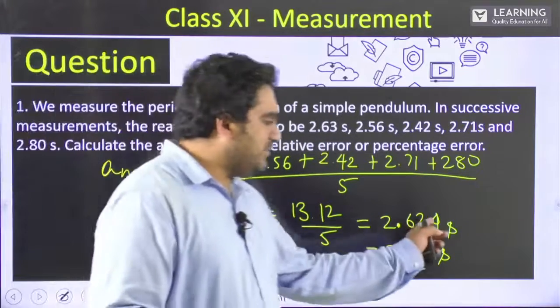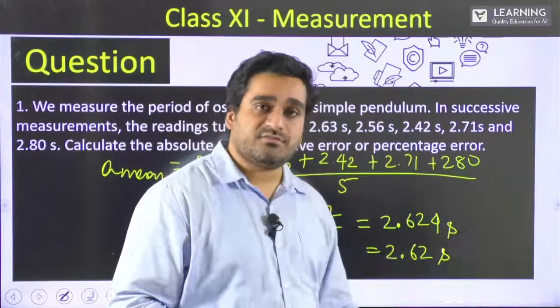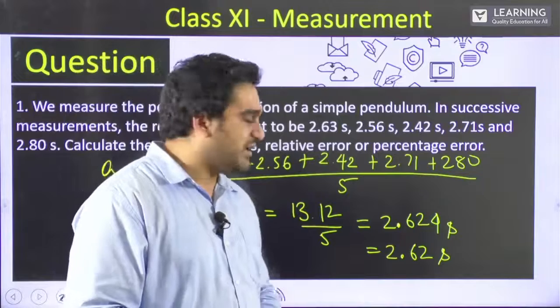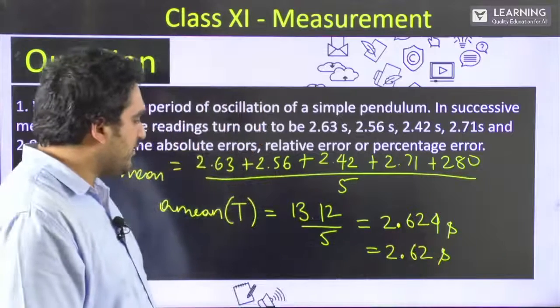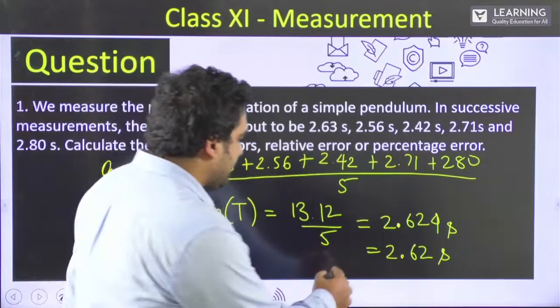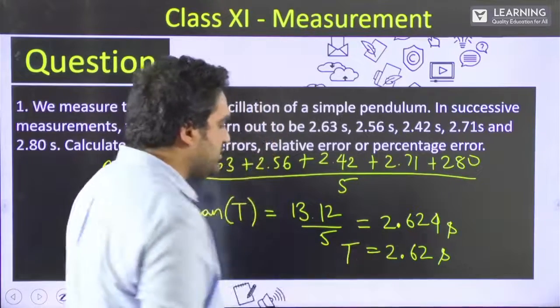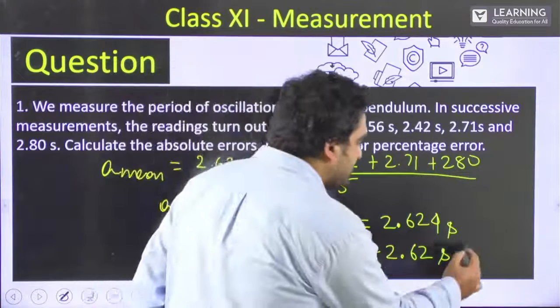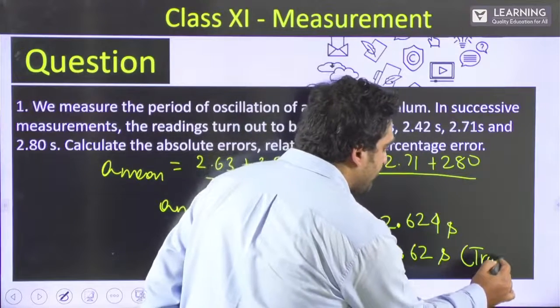How to eliminate extra decimals, we will discuss in the next session, which is about significant figures. So now we have the time, T equals 2.62, and this would actually be the true value.